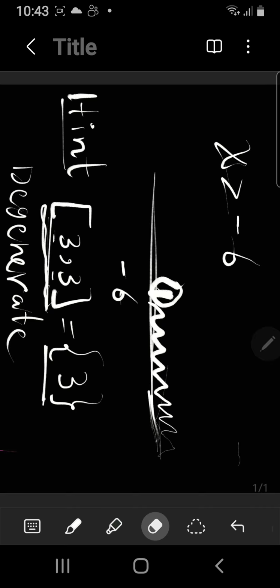Okay, another example. I'm gonna give you an example about compound inequality. I wrote the abbreviation or shortcut of inequality.